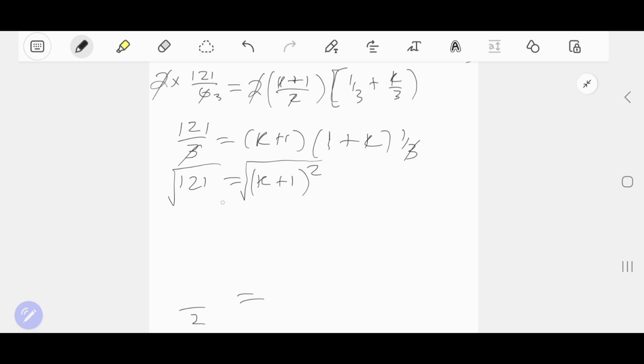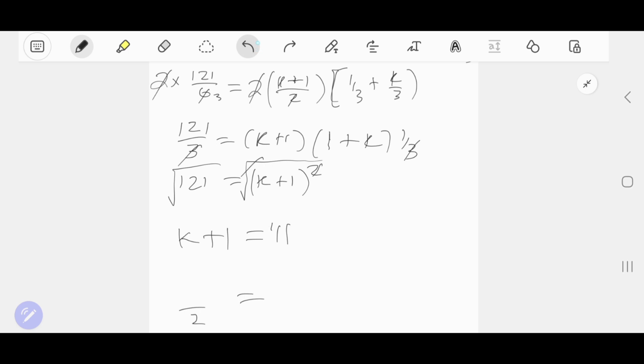And then this and this will cancel out, and then your k is going to be equal to 11. K plus 1 is going to be equal to 11. But remember, since it's under a square root sign of an even square root, it's going to be plus or minus.